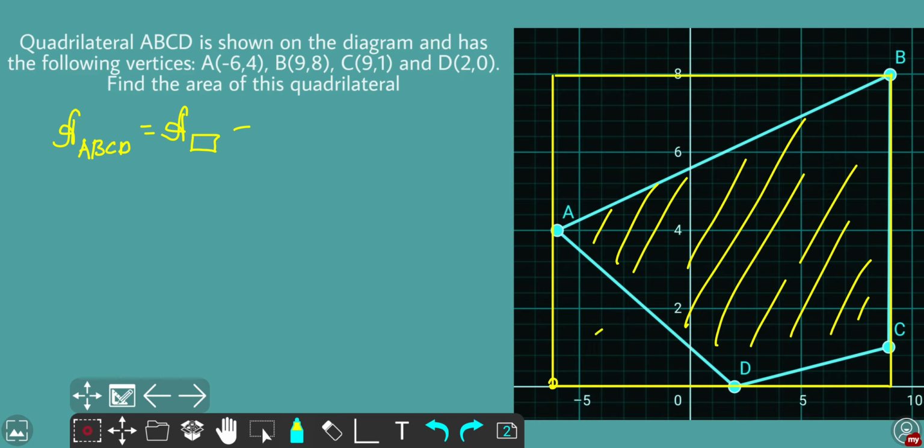So this is the first triangle. Any triangle that you can see here is right-angled. So we need to take away the areas of all three triangles. That's why it's going to be minus the area of triangle 1, minus the area of triangle 2, and minus the area of triangle 3. This is the way we can reach the area of the quadrilateral.